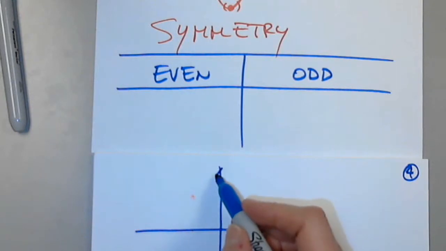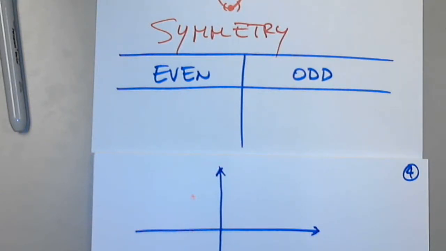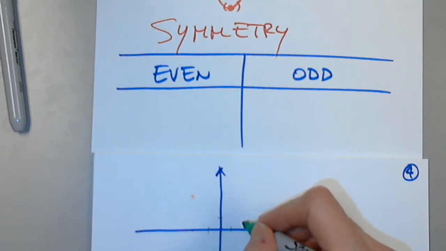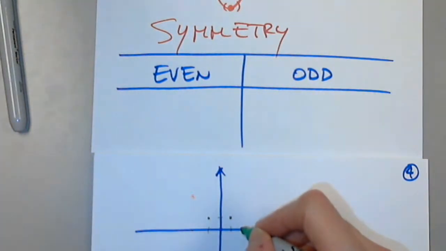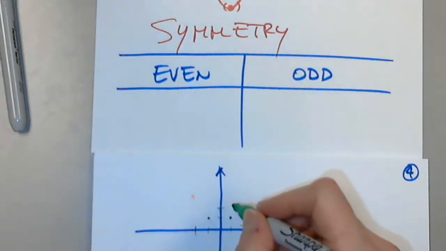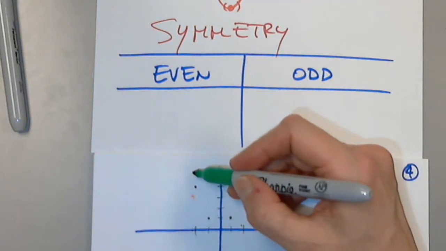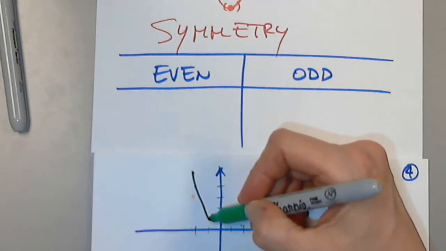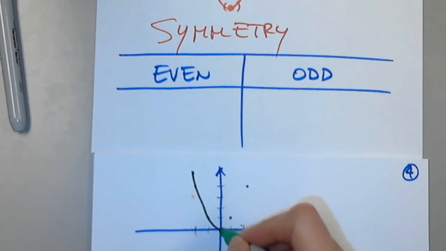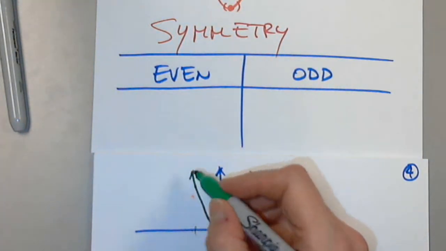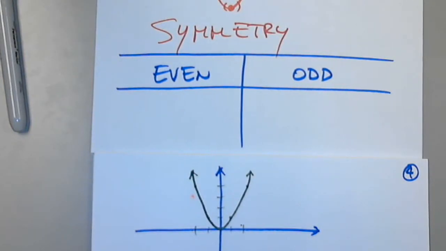Here's a graph. And I will ask you whether you think this graph is symmetric. You could say it's not a perfect graph, and I will have to agree. But if you bear with me, you will say it appears to be symmetric.